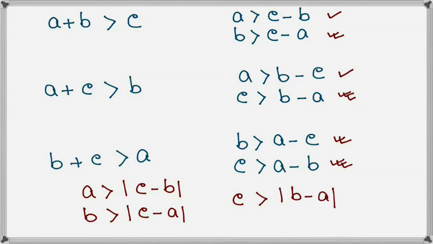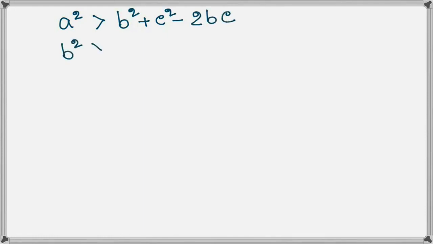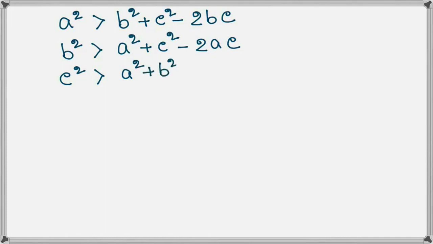Now we are going to use all these three inequalities, and what we will do is square both sides of these inequalities. Then we get a square is strictly bigger than b square plus c square minus 2bc, and b square is strictly bigger than a square plus c square minus 2ac, and c square is strictly bigger than a square plus b square minus 2ab.